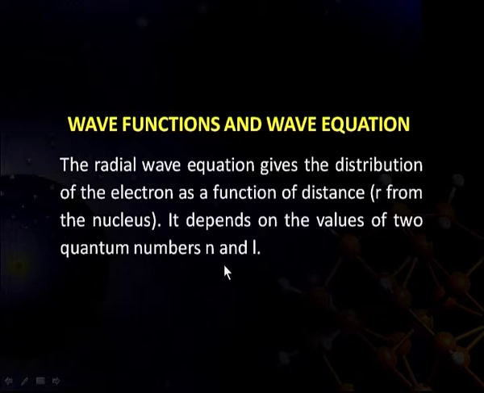The radial wave equation gives the distribution of the electron as a function of distance r from the nucleus. It depends on the values of the two quantum numbers n and l. Angular wave function determines the shape of the electron cloud or orbital.